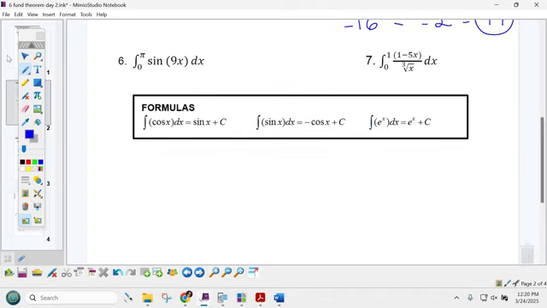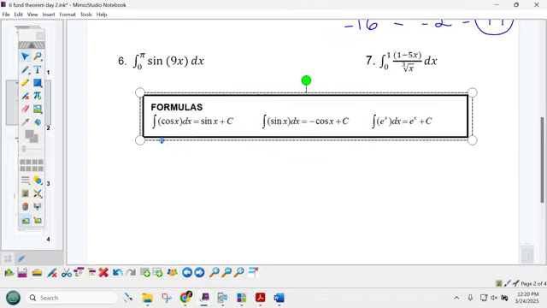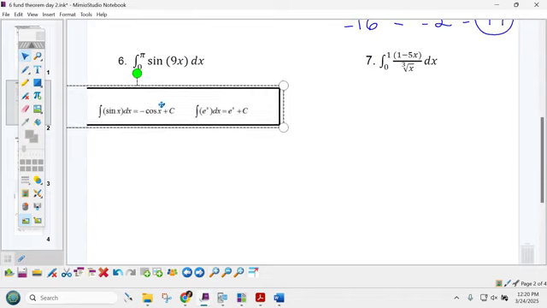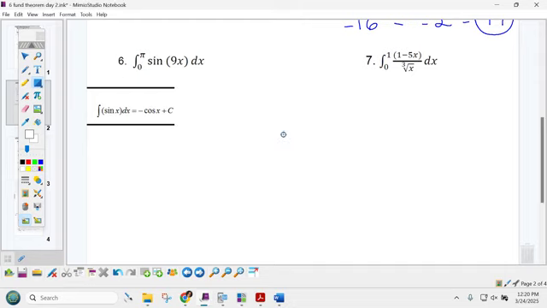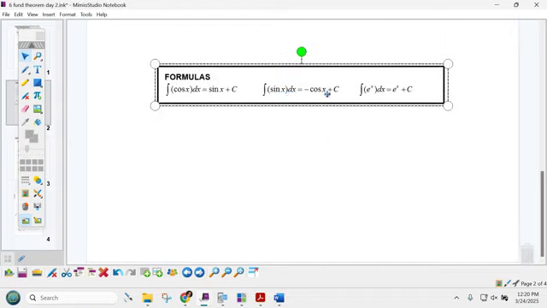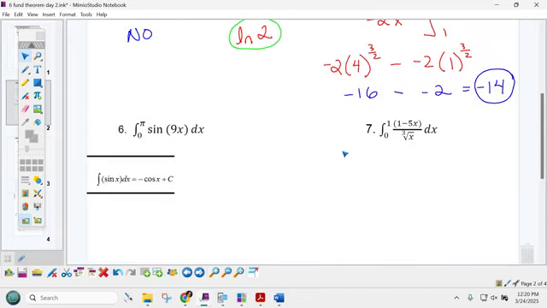All right, let's try 6. I see the integral of sine here. So let me get rid of the rest of these. But it's not a plain x, it's a 9x, which means I need u substitution.